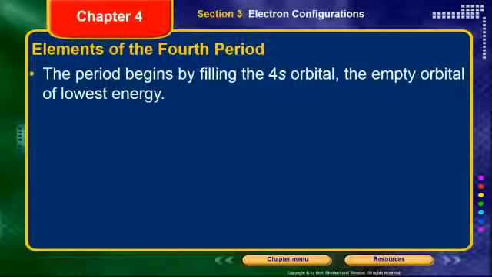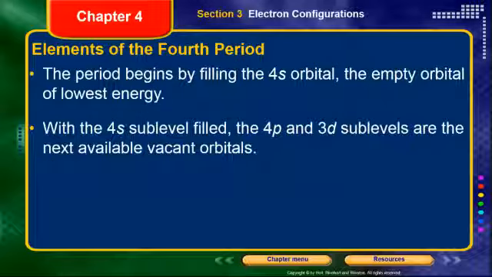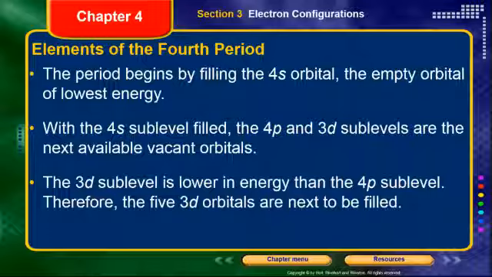All right, try to fly through the rest of this. Looking at elements in the 4th period. This period begins by filling the 4s orbital, the available orbital with the lowest energy. With the 4s sublevel filled, the 4p and 3d sublevels are the next available vacant orbitals.